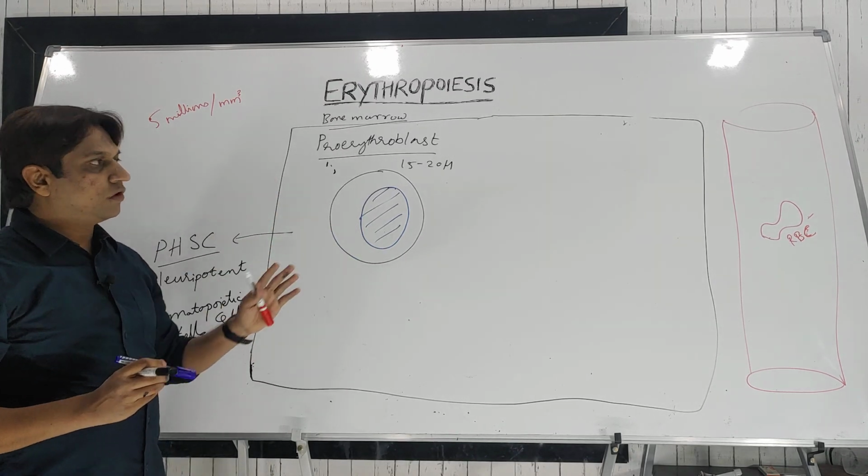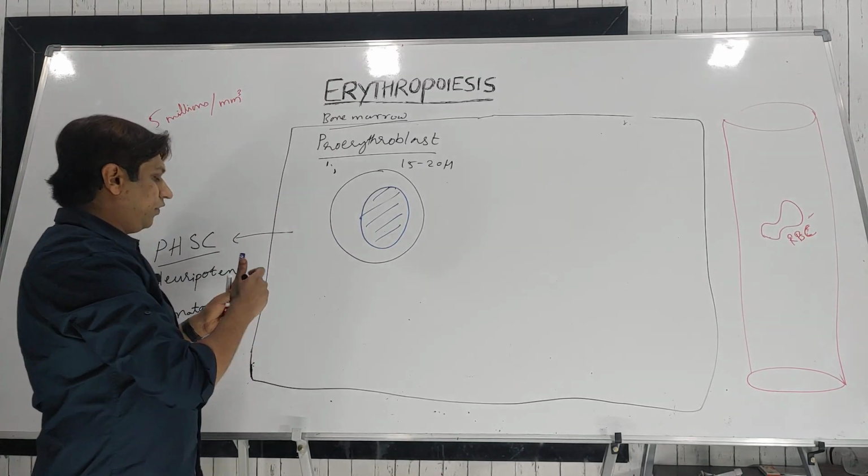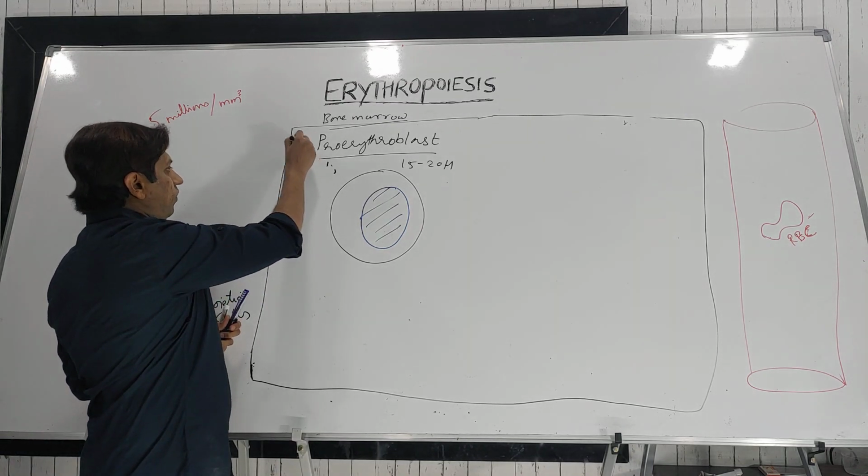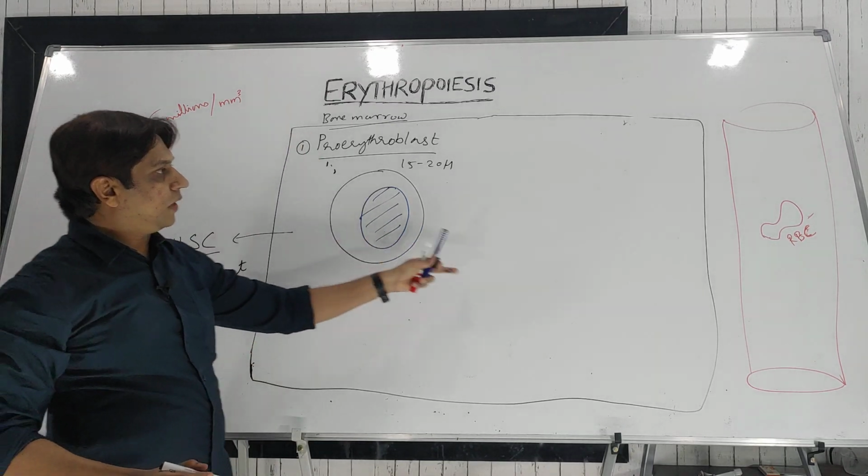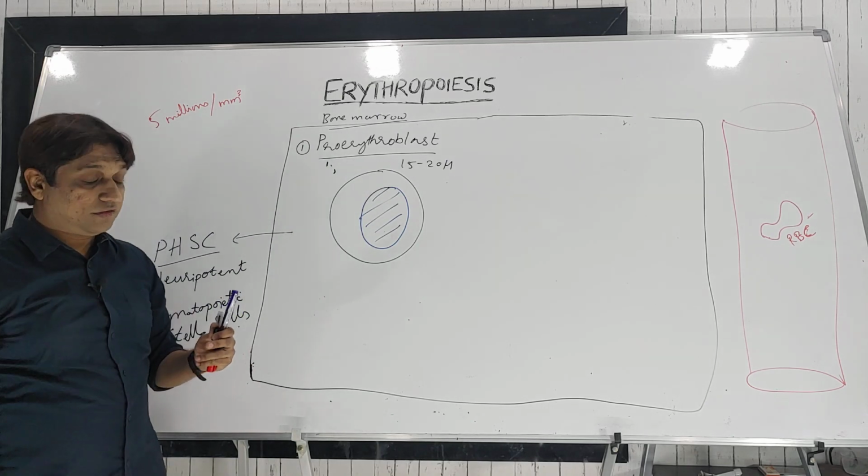This is known as the proerythroblast. That is the first cell, an immature cell. Ultimately this proerythroblast develops into RBCs in 7 days.